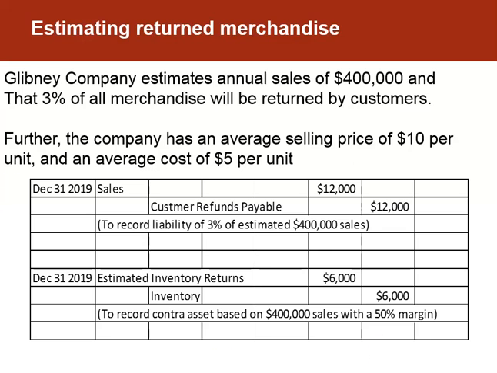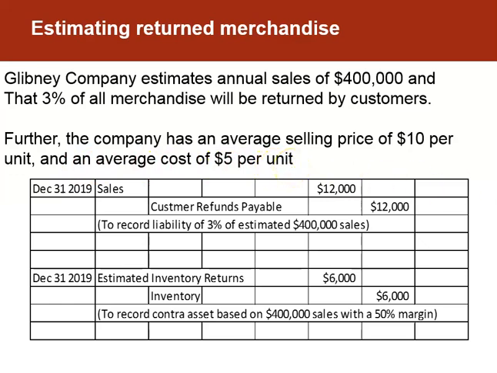Okay, so here we have a company. Glibney Company estimates annual sales of $400,000, and that 3% of all merchandise will be returned by customers. Further information, the company has an average selling price of $10 per unit and an average cost of $5 per unit.